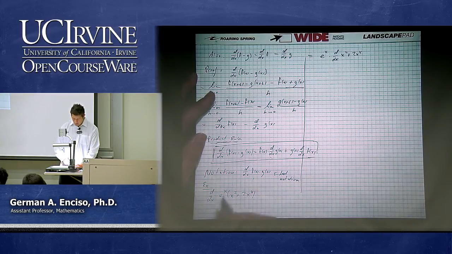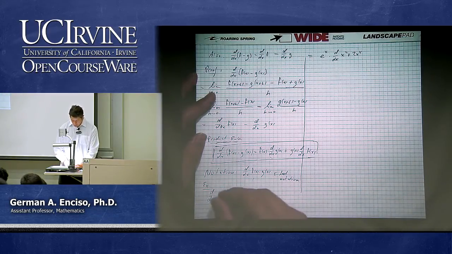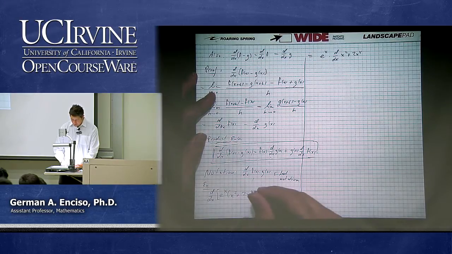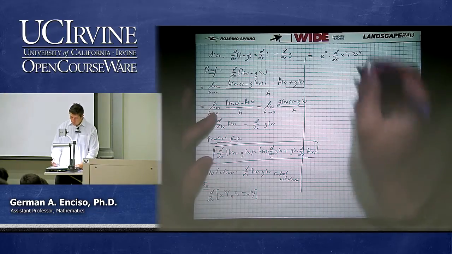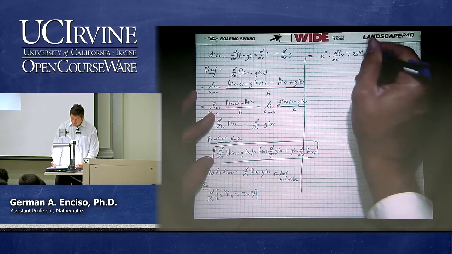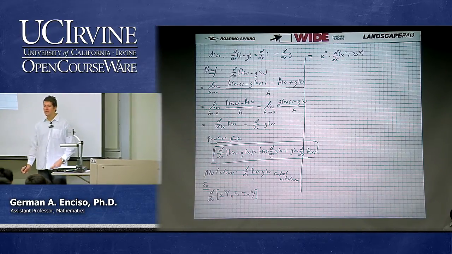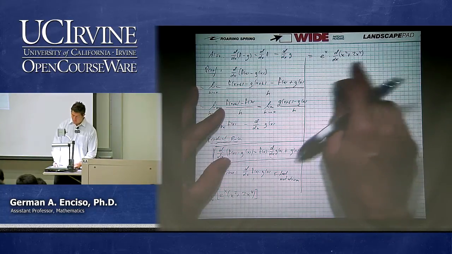By the way, because of what I said before, I should probably write a big parenthesis around these things here. And here I probably should also write a parenthesis to indicate that the derivative applies to the whole thing, not just to x squared.